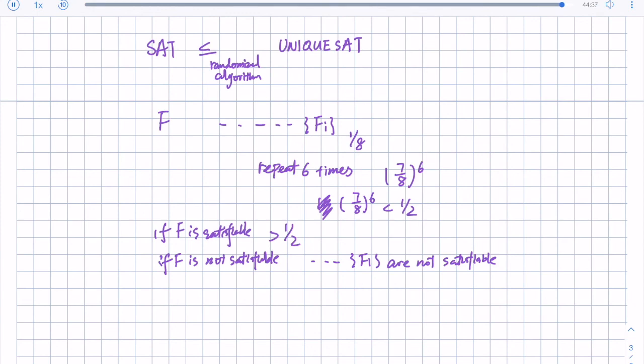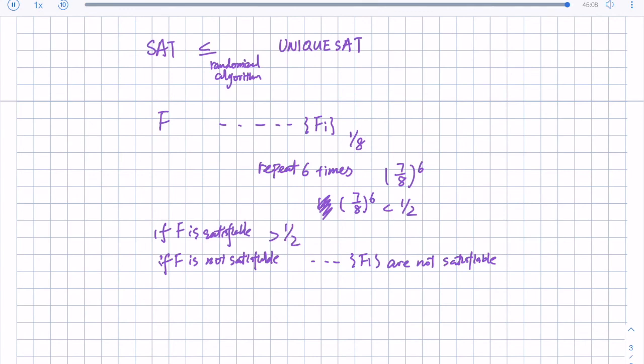Suppose we repeat this procedure 6 times, so we build 6 sets of such formulas, then the probability that none of the formulas has a uniquely satisfying formula is (7/8) to the 6. So with probability (7/8) to the 6, which is less than a half, we'll be rejecting F.